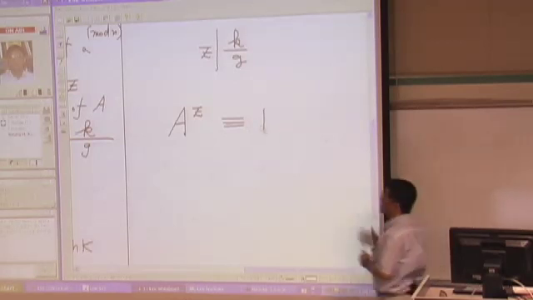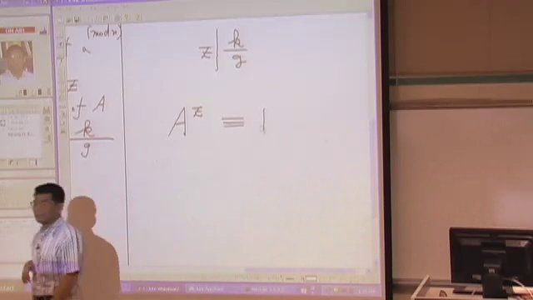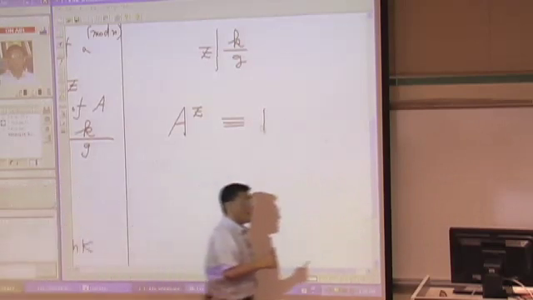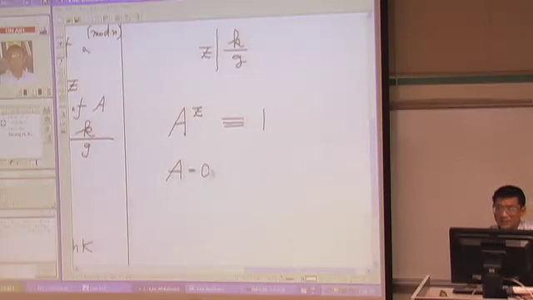By definition, because we said z is the order of a, so it is 1 by definition. So let's rewrite these things. Then a is nothing but a to the power of h, right? So a to the power of z is this thing.